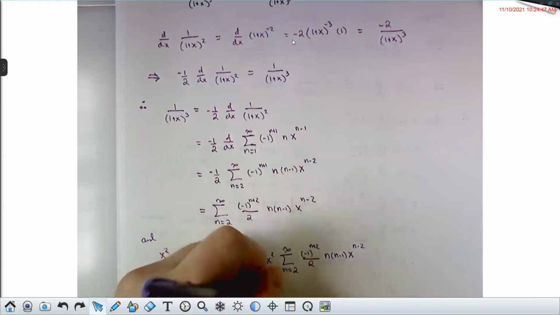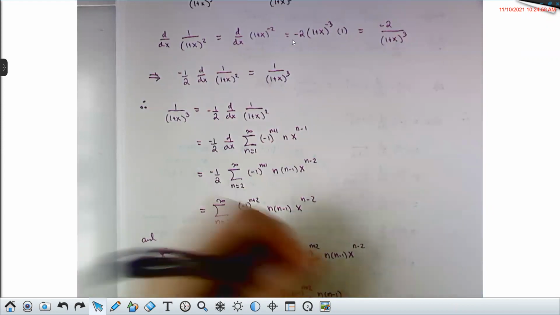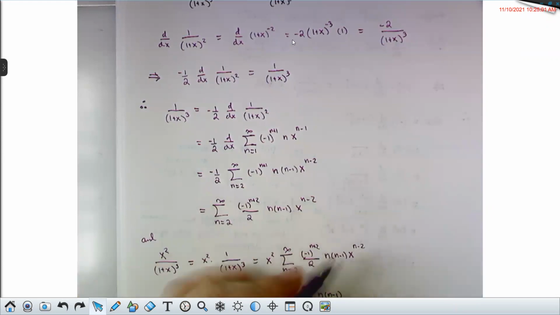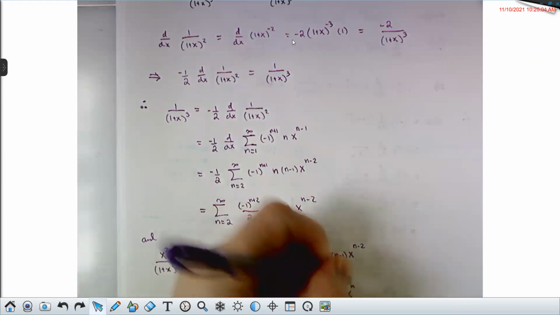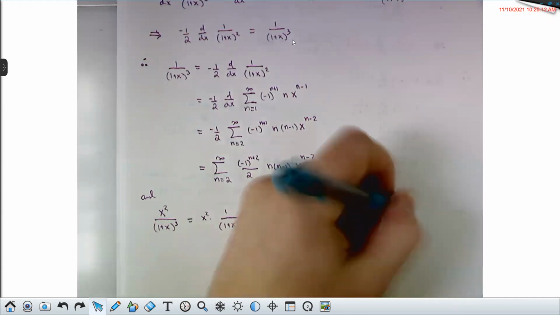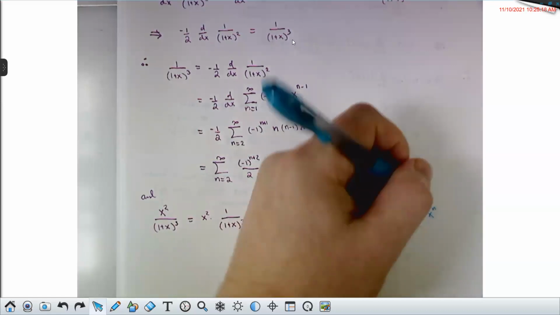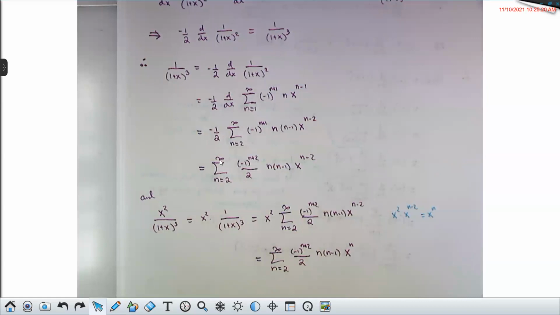And when I bring that x squared inside, x squared times x to the n minus 2 is just x to the n. So that's all I'm doing. I'm just bringing this x squared in. When it hits this, it becomes this.